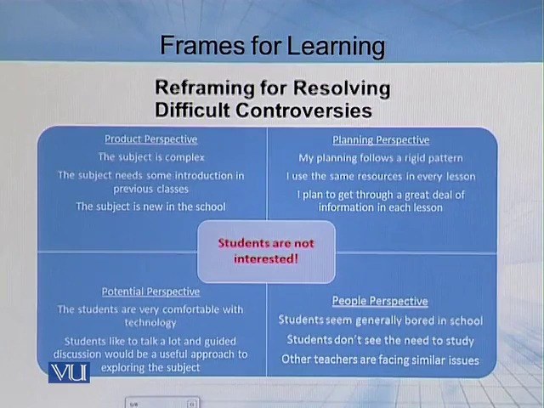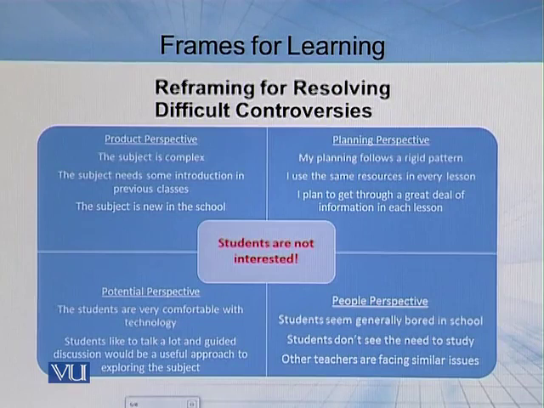And so by looking at it from the product perspective, we can actually start to deconstruct issues which students might be faced with in terms of the particular subject. For example, it might be that aspects of the subject are quite complex and difficult to understand.